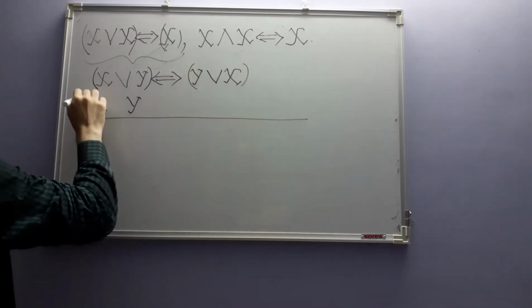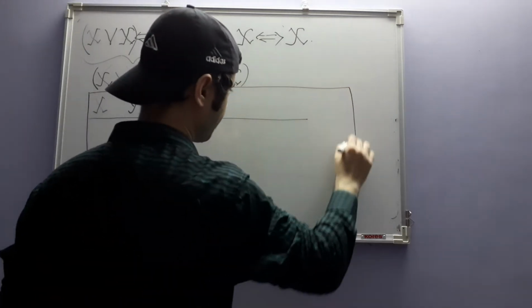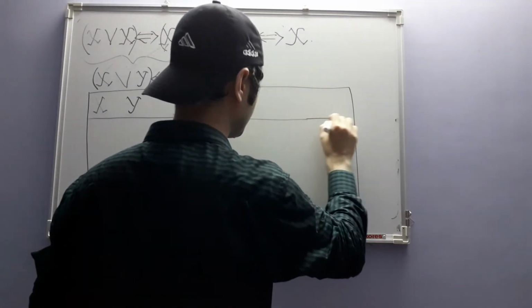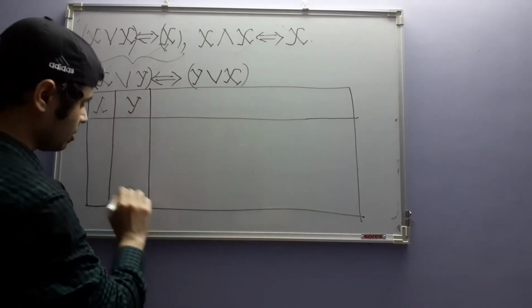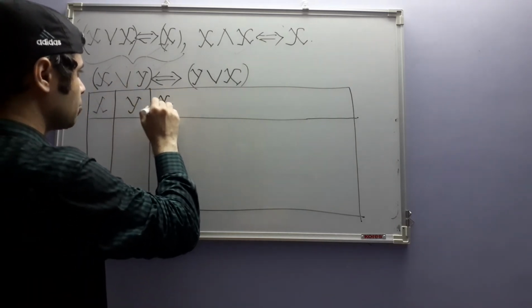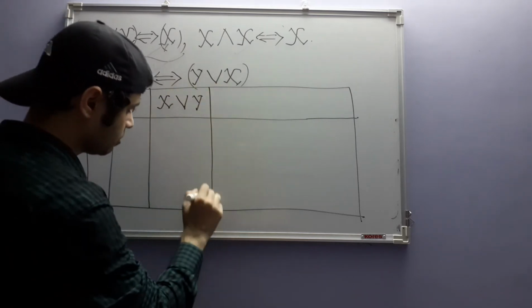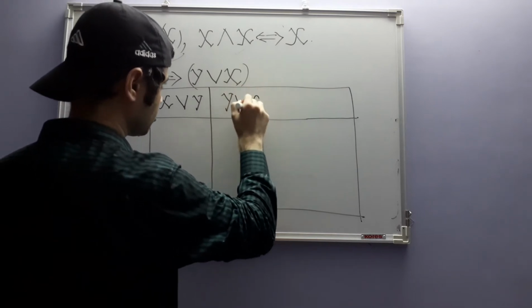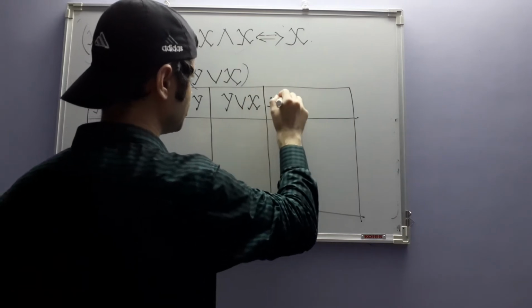Now here we have one column for X, one column for Y, one column for X or Y, one column for Y or X, and one column for the double implication.